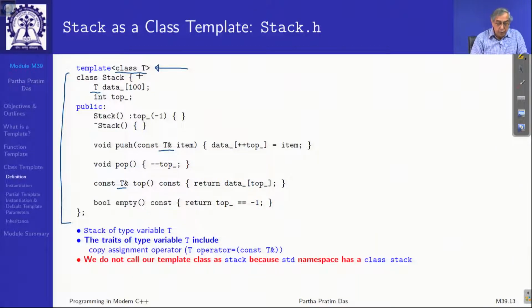For example, we need to be able to do assignment. I am doing it here, in push. I am taking the item and putting it in the container, where the container here is an array, the actual physical container underlying. So, unless T has a copy assignment operator, I certainly cannot do this.